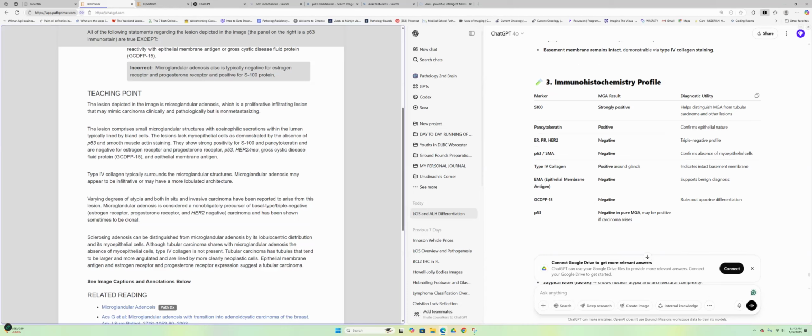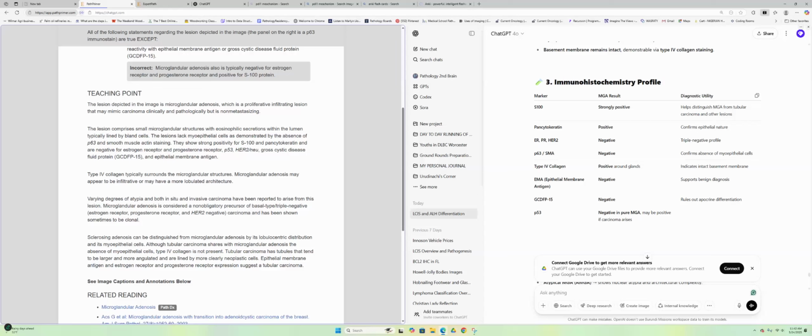ER and PR are negative, EMA negative, GCDFP15 negative. GCDFP15 is used to look for apocrine differentiation.